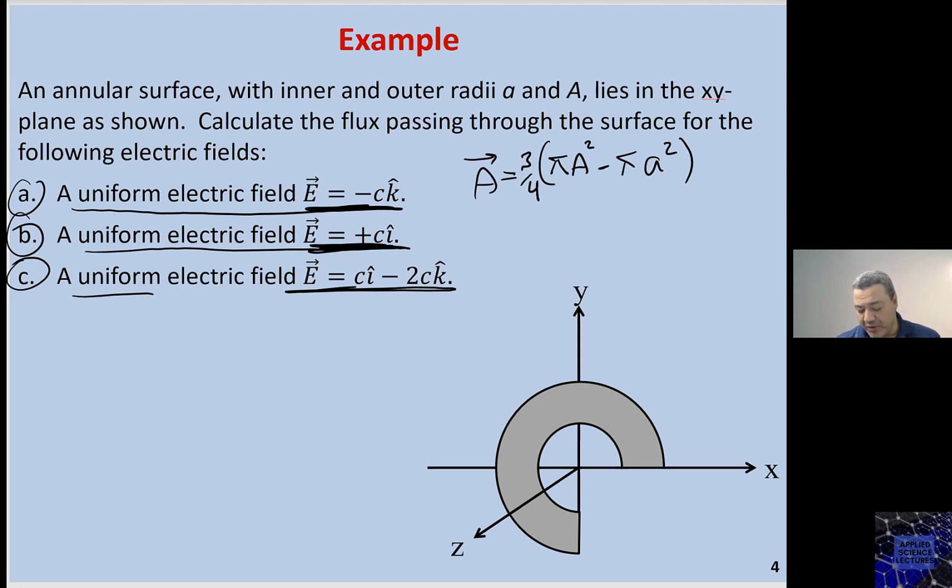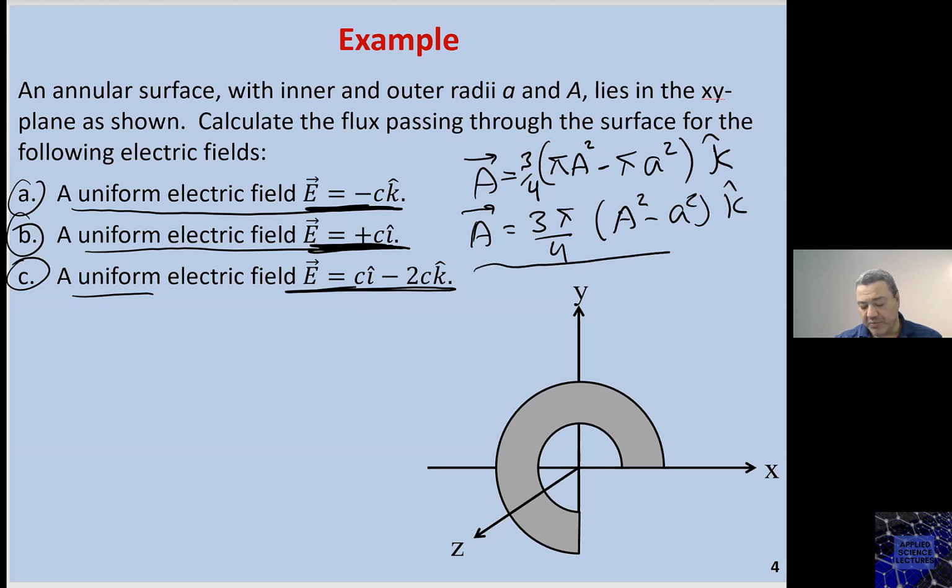And then the normal unit vector is pointing in the positive z direction, so this now would be k hat. Rearranging, let me take the pi outside: 3 pi over 4 (A capital squared minus a small squared) k hat. So this is my area vector.